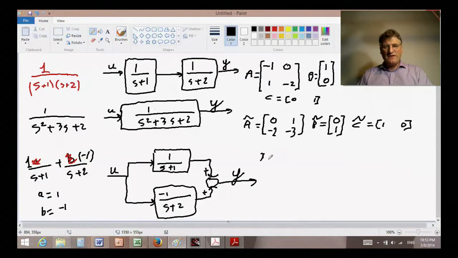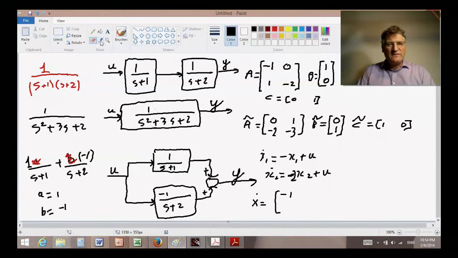Okay, x1 dot is equal to minus x1 plus u, x2 dot is equal to minus x2 plus u, and therefore x dot is equal to minus 1... Sorry, this is not minus, it's minus 2x2.